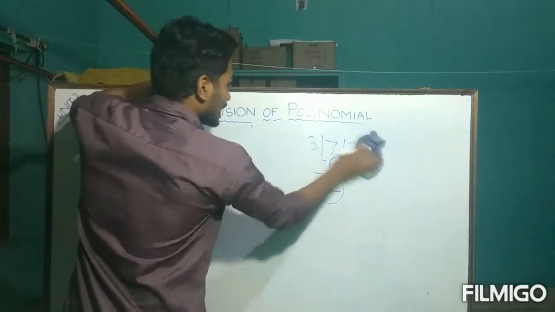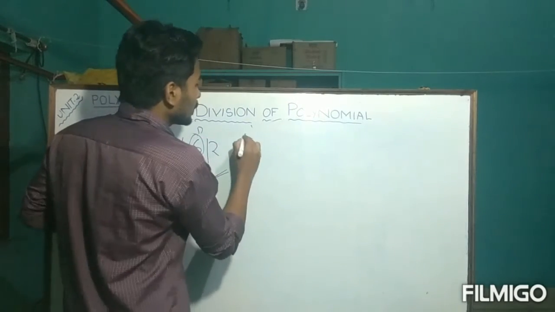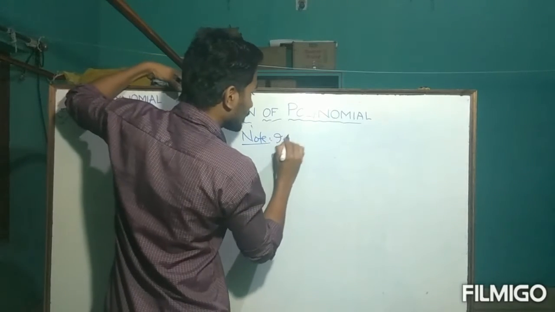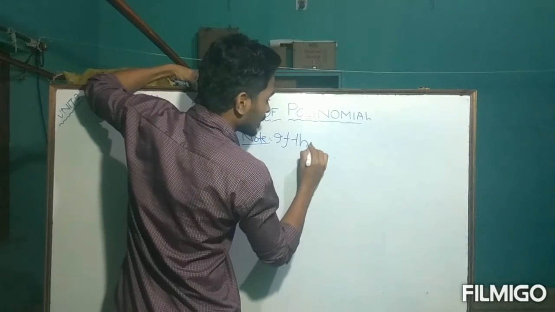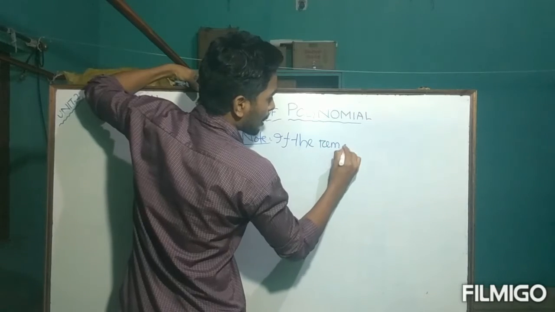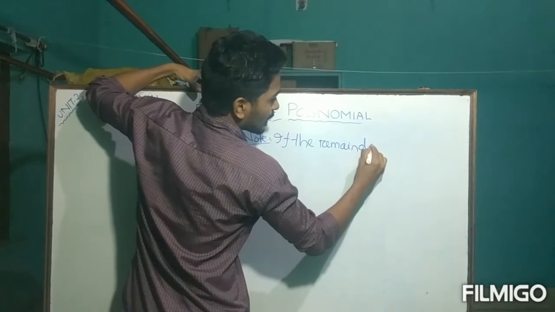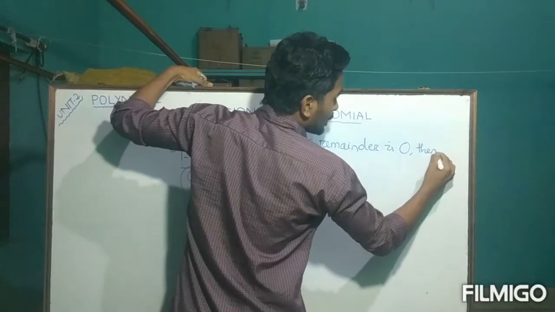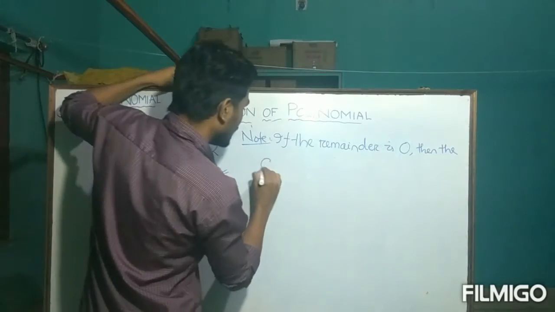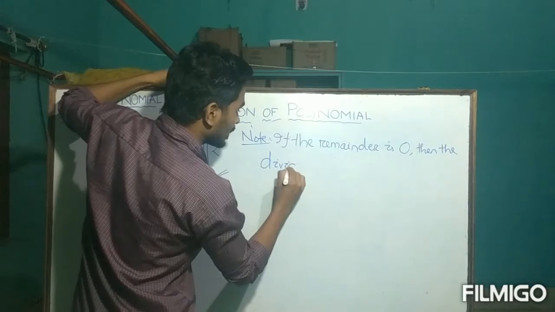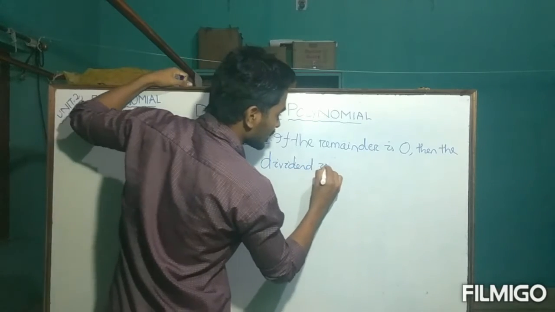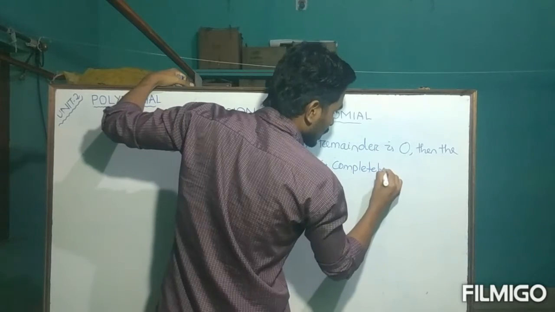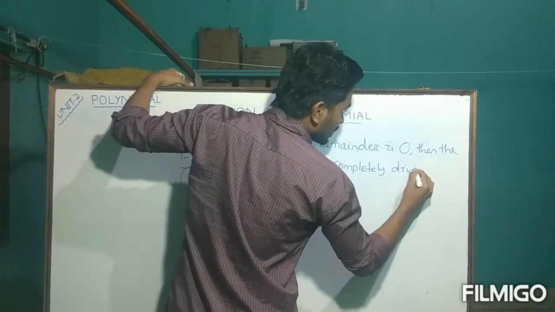So we can write it as a note: if the remainder is 0, then the dividend is completely divided by the divisor.